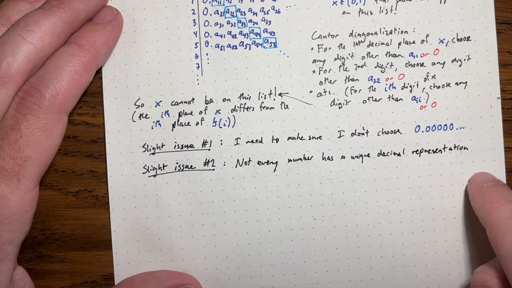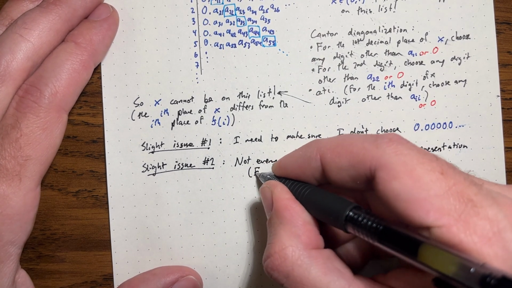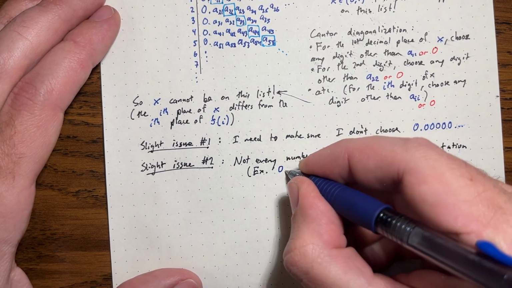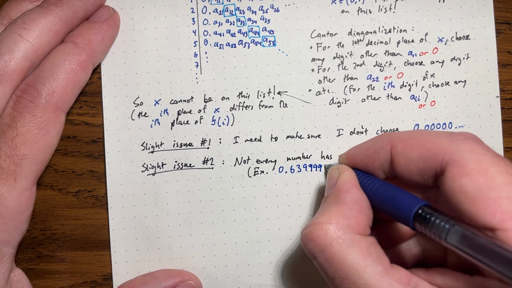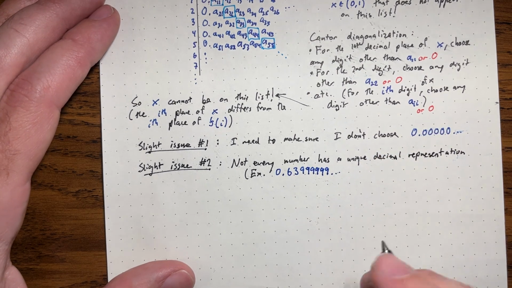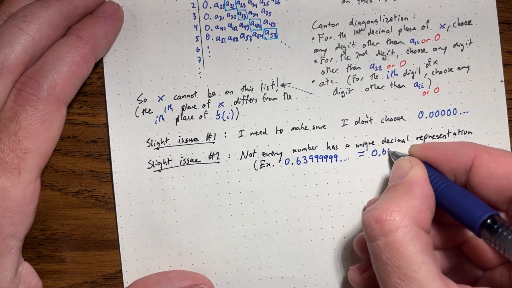You might not have thought about this, but here's an example. Let's say 0.6399999 repeating, all nines after that. Well, what is that? That is the same as the number 0.64.